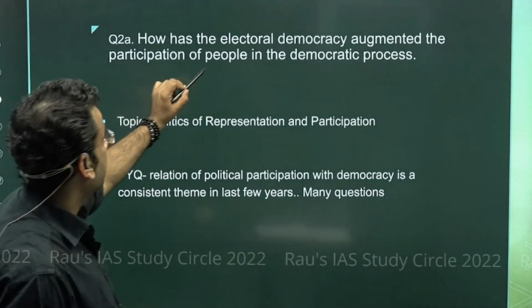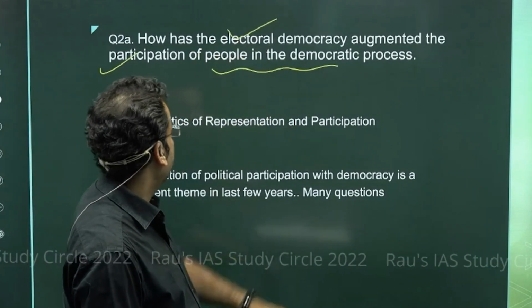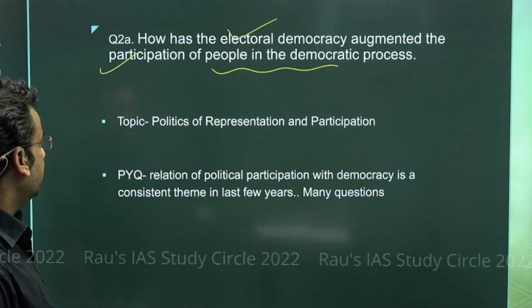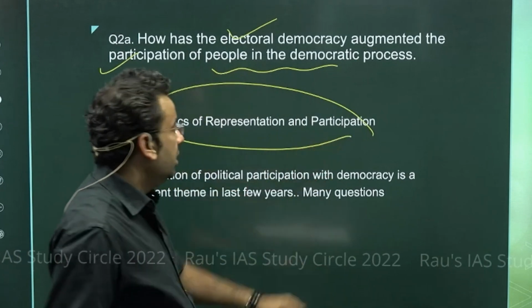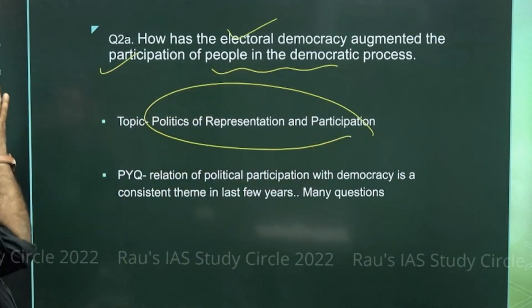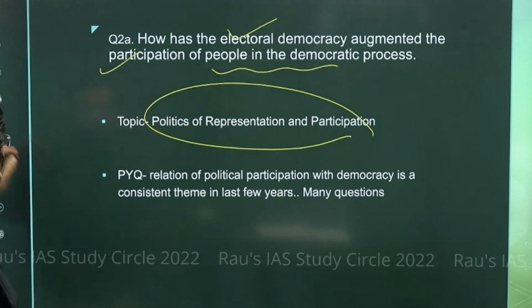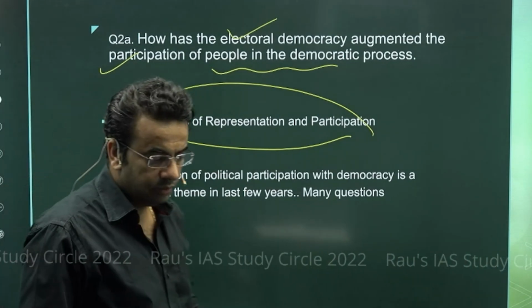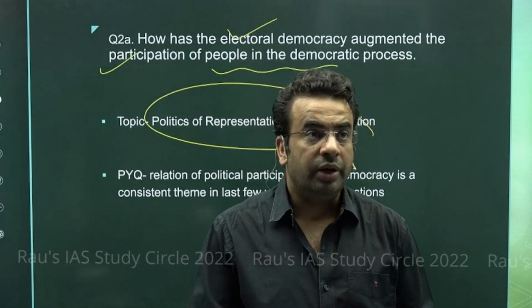How has the electoral democracy augmented the participation of people in the democratic process? Okay. So, the topic of representation and participation. So it is emphasizing on what?